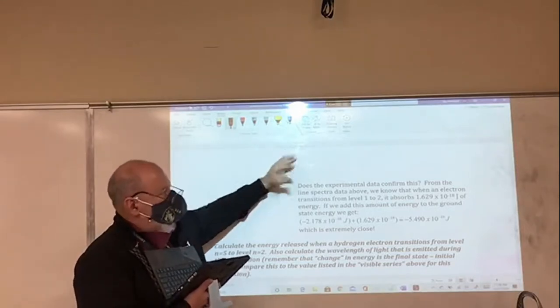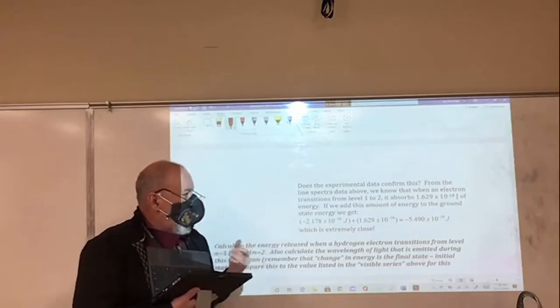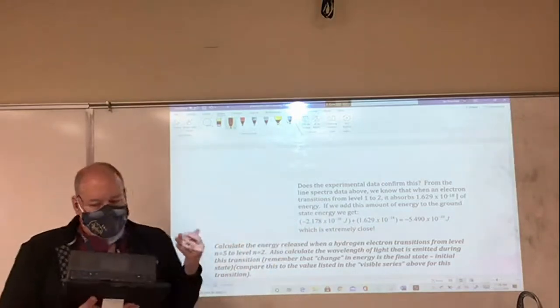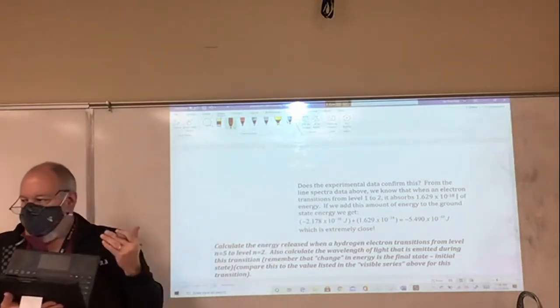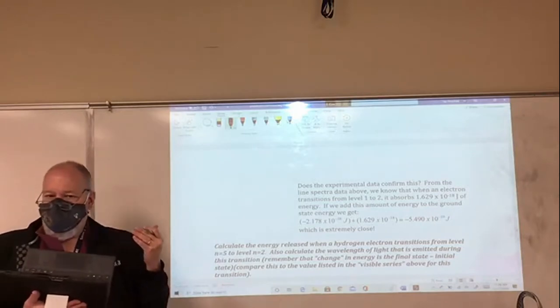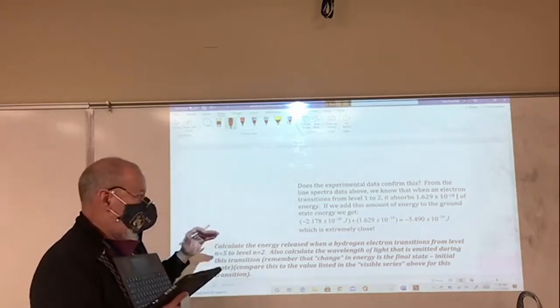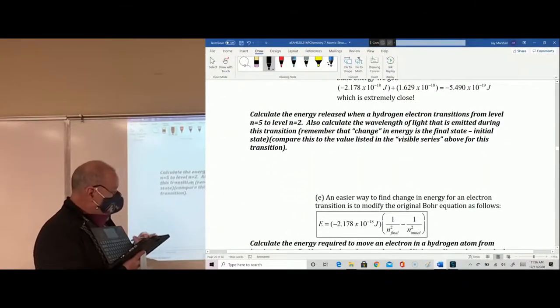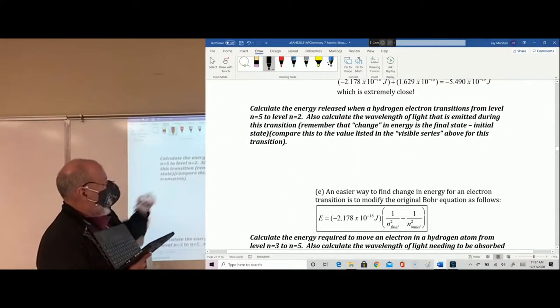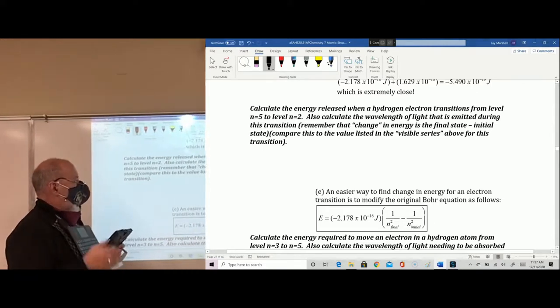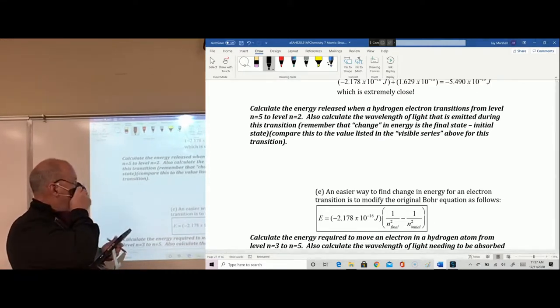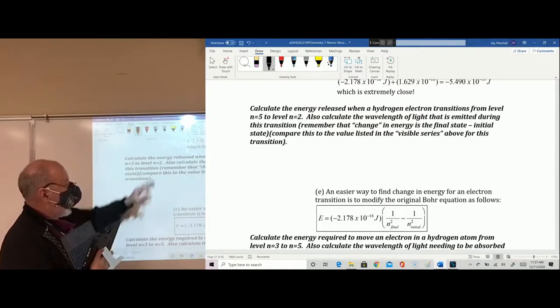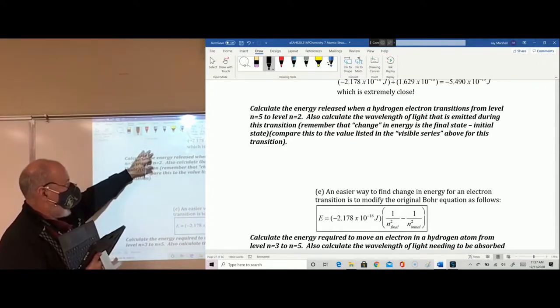Now, you're not going to need to know that formula. You just need to know that Bohr was able to create a formula that predicted the energy of each of these energy levels. Although we could, if we wanted to, calculate the energy released when a hydrogen electron transitions from a level 5 to a level 2. Again, you're not going to need to use this. This is just an example of how that could be done.